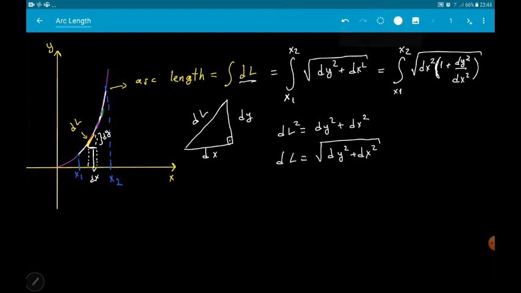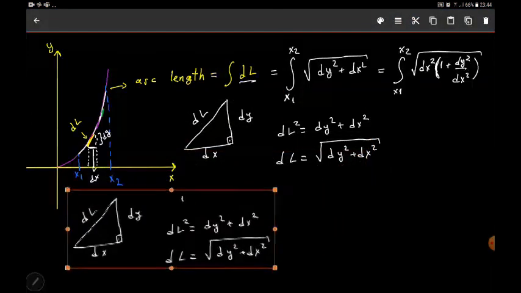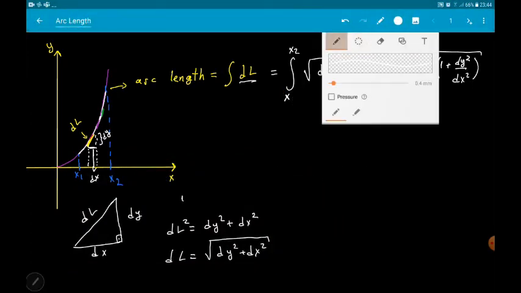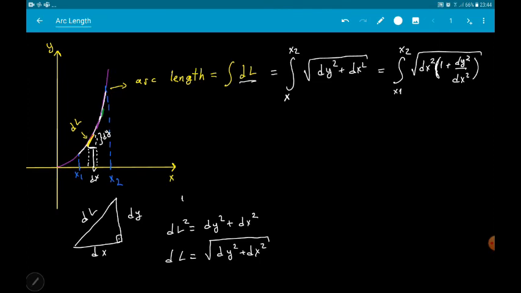Okay, now I move this side to another place. Now one last change here. So now we can actually take the dx squared out of the square root as well, and we can write it in such a way.